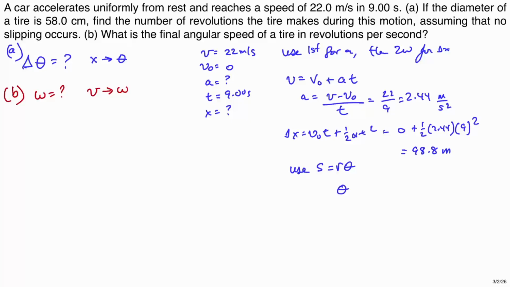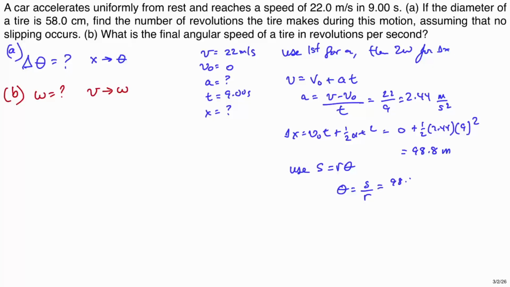I can solve this for the angle if I know the arc length divided by the radius of the tire. What total arc length did this tire travel? 98.8 meters. The arc length is equal to the distance the center mass of the tire went.